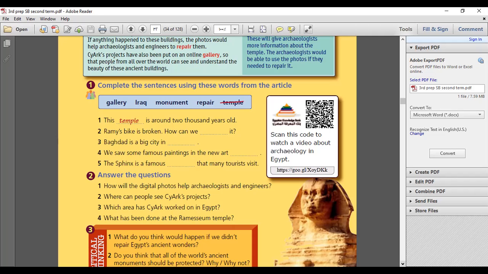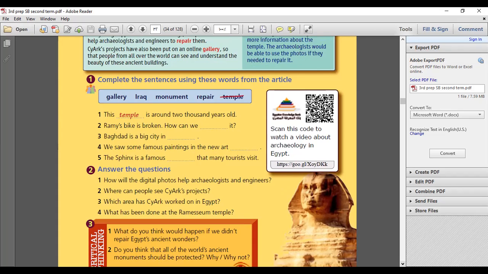Baghdad is a big city in, a country. Iraq. Number 4. We saw some famous paintings in the new art gallery. The Sphinx, remember the Sphinx, is a famous monument that many tourists visit. Super excellent.